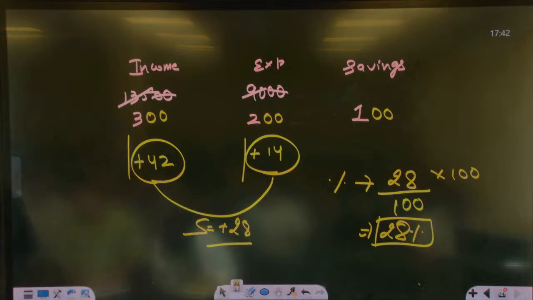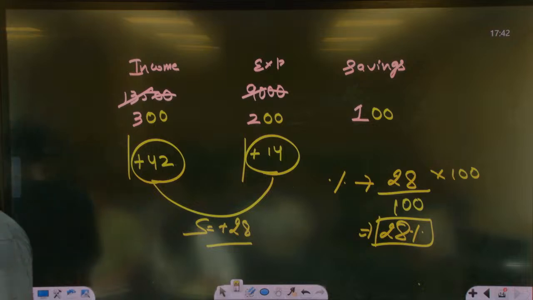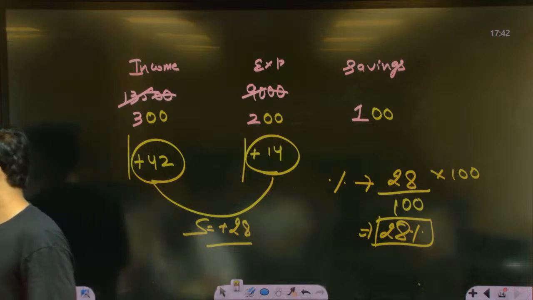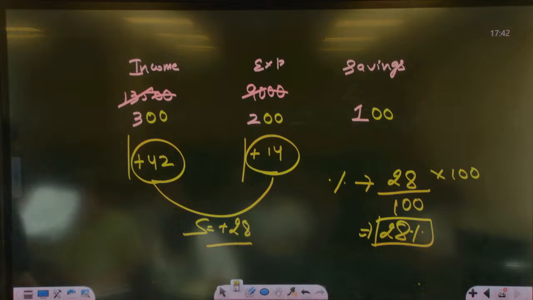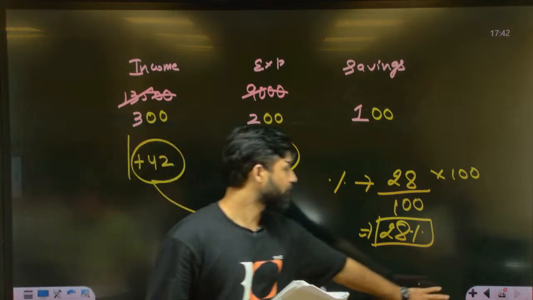Radha spends 40% of her salary on food, 20% on house rent, 10% on entertainment.